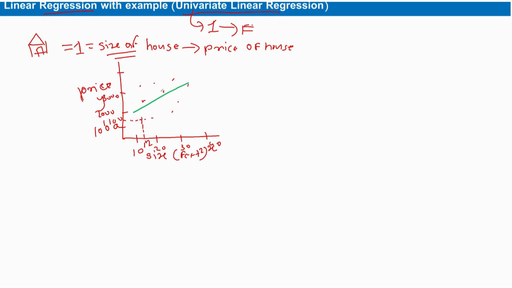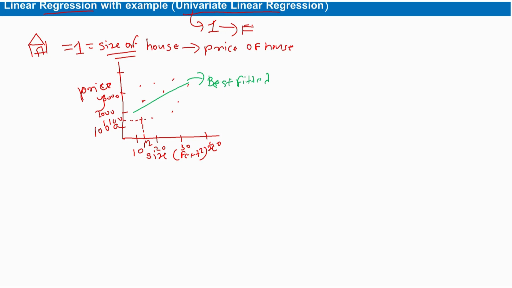This line will be the best fitted for all these examples. Whenever we have unseen data and ask the model to predict the price with respect to this best fitted line, the difference between the predicted price and the actual label has to be minimum.